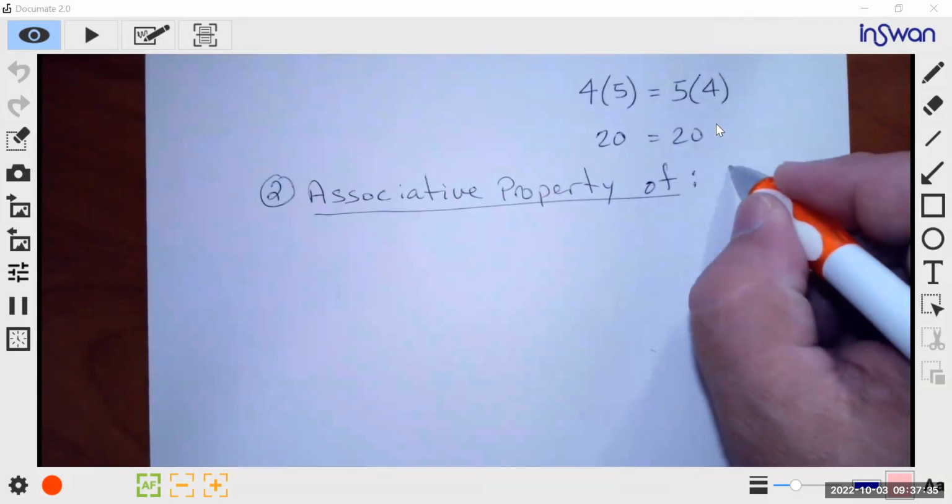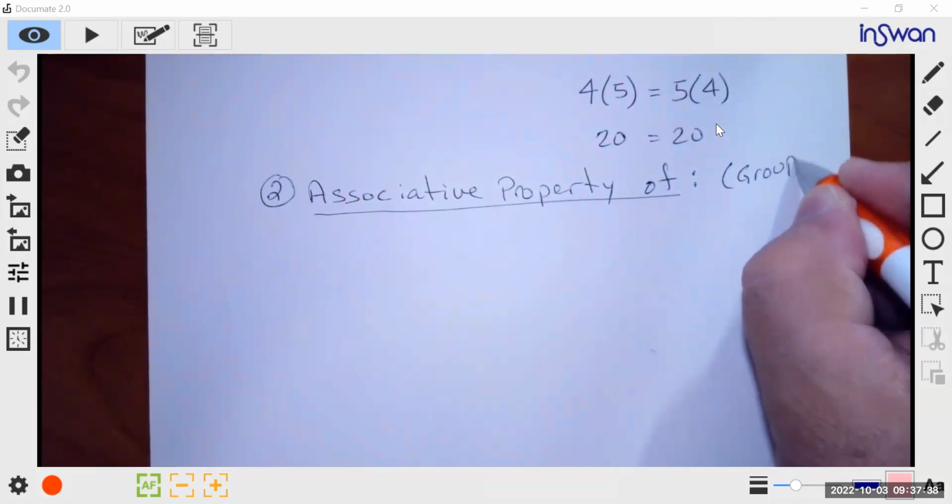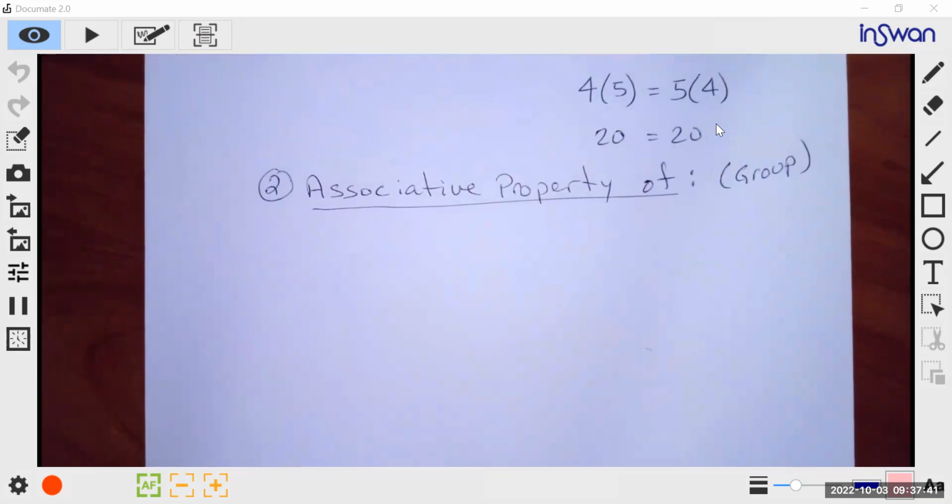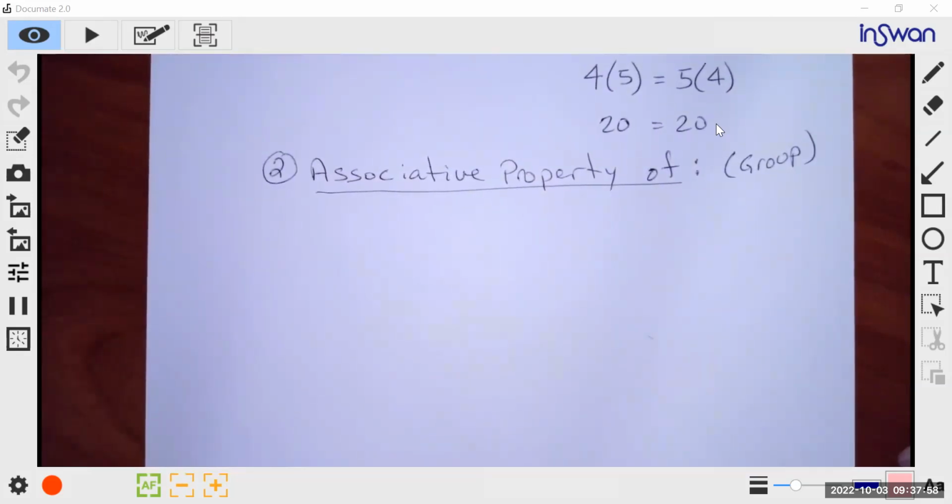The associative property deals with grouping, associating numbers together or groups of numbers together. Can you tell me why the order of operations has parentheses in there? What do parentheses tell us to do? But why? I mean, if we know that we're supposed to do multiplication or division, well, let's talk about that.